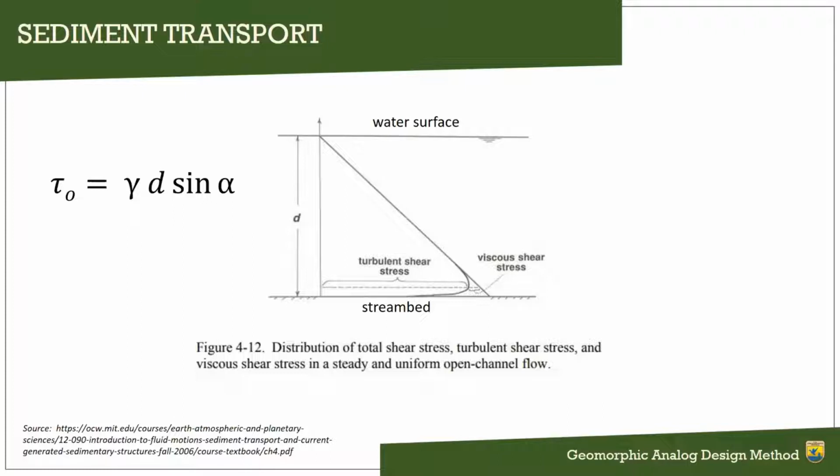And a word on slope here. The sine alpha in this equation represents the slope. So if we have a steeper slope, we are going to have higher shear stresses. And we often talk about velocity, so we equate that to higher velocities when we have a steeper slope when it comes to shear stress.